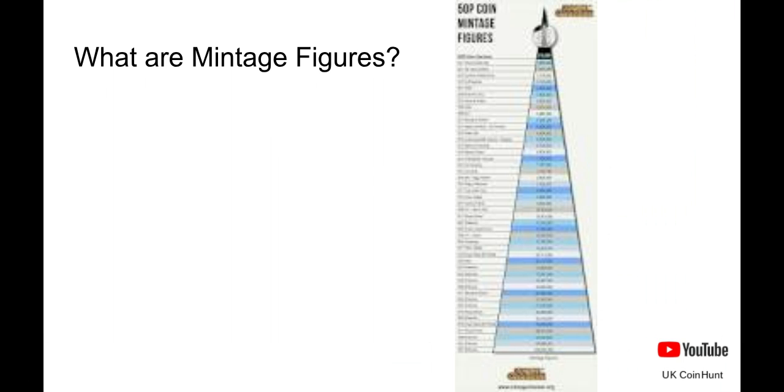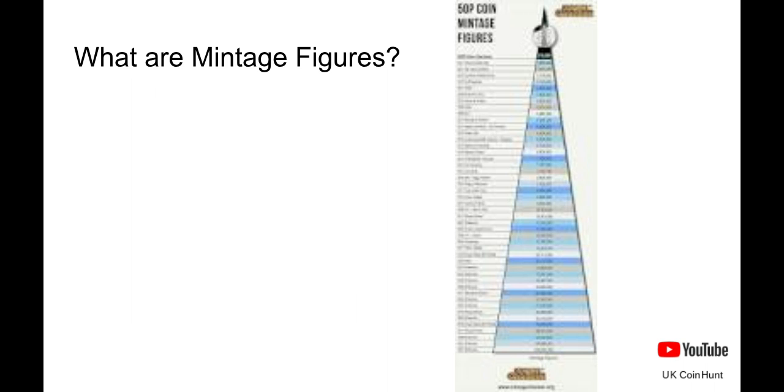Now we're going to have a look at mintage figures. Well, what are mintage figures? Mintage figures are essentially how many of each coin has been printed. For example, if we look at the Kew Gardens coin, which you can roughly see here, apologies if the image is slightly blurry, but of the Kew Gardens 2009 50p piece, it has a mintage of 210,000 because 210,000 of that Kew Gardens 2009 coin were produced that year.